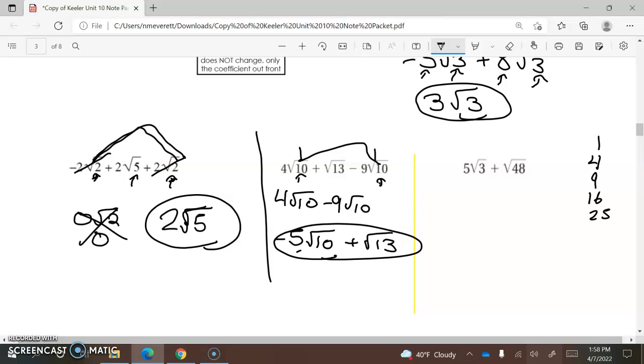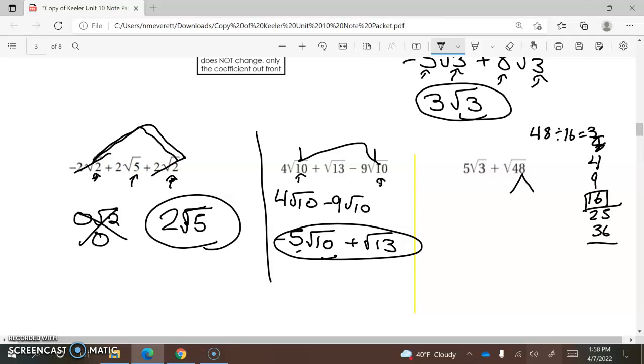So I'm going to list out all my perfect squares. I don't care about 1. I want the largest perfect square that divides 48. If you do a little bit of digging, you're going to see that number is 16, because 48 divided by 16 equals 3.